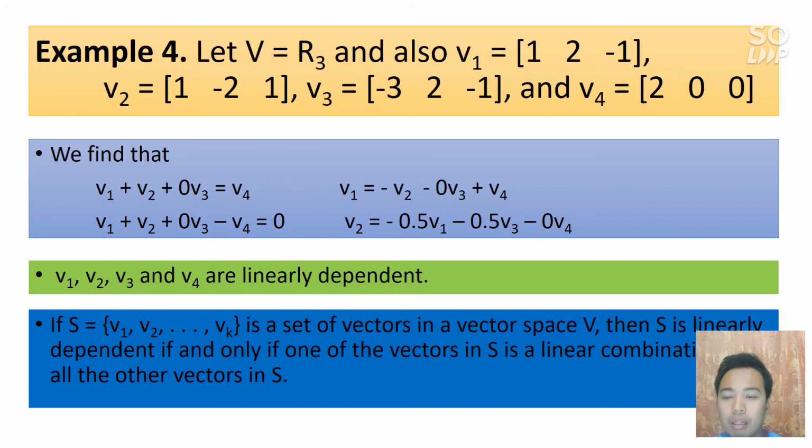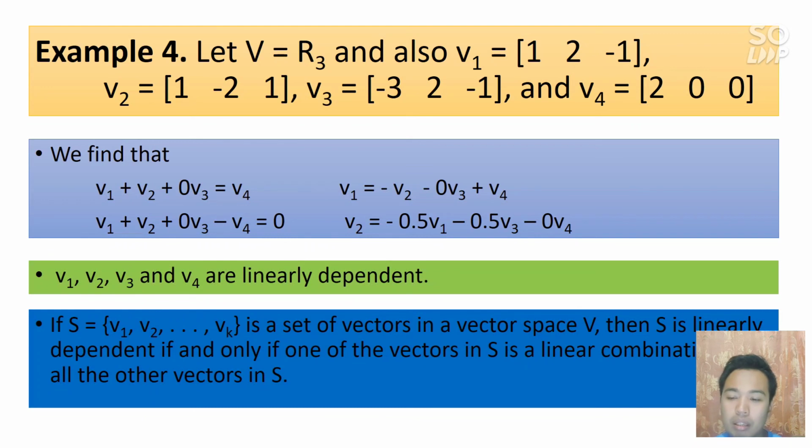Also, V1 plus V2 plus 0 V3 minus V4 is equal to 0. V1 is equal to negative V2 minus 0 V3 plus V4. So you can observe that V1, V2, V3, and V4 are linearly dependent.